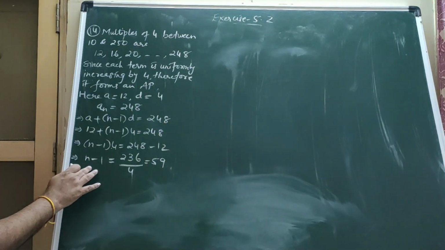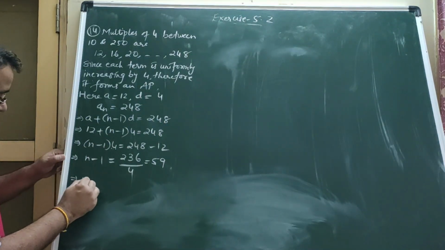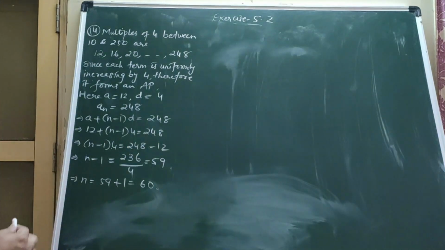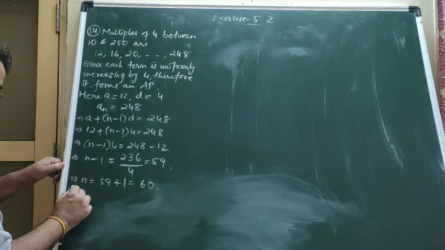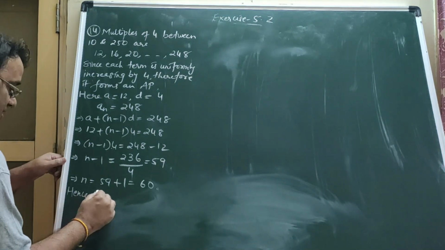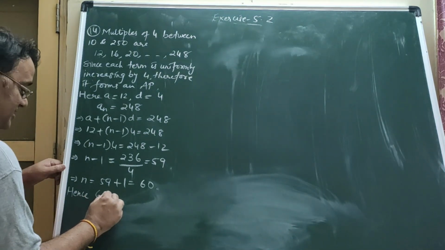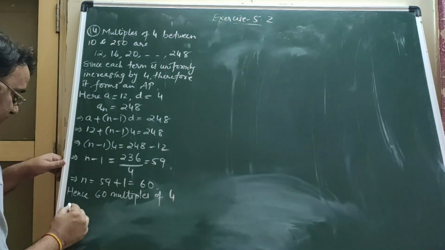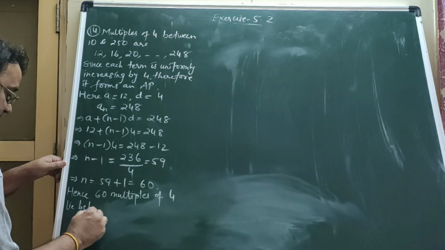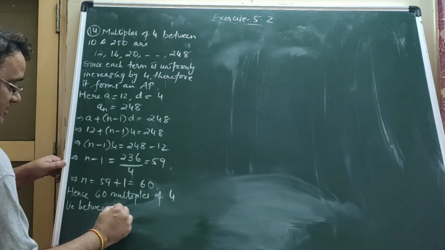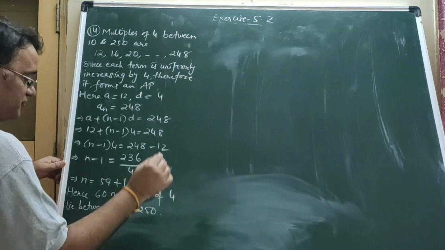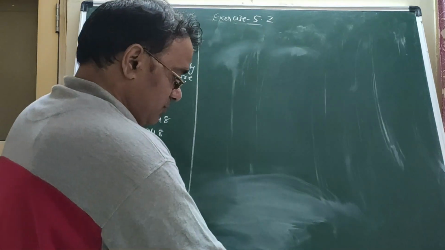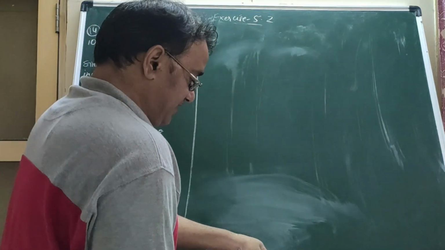Now we'll shift -1 to that side. So 59 plus 1, 60. Okay. So hence 60 multiples of 4 lie between 10 and 250. Okay, now we'll move towards the question number 15.